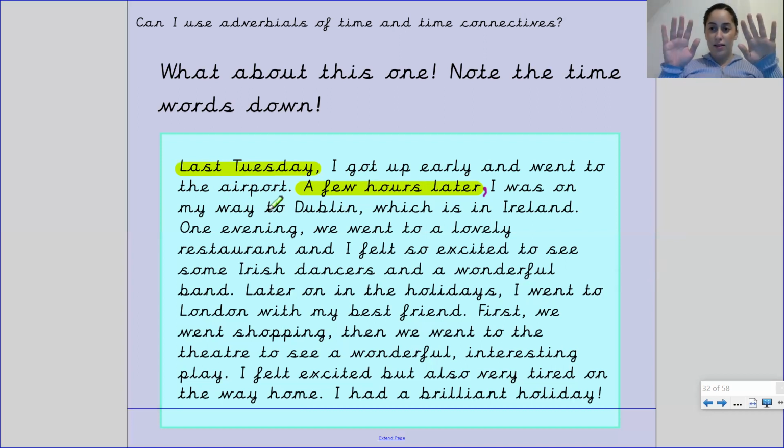One evening, well done, we went to a lovely restaurant and I felt so excited to see some Irish dancers and a wonderful band. Later on in the holidays, well done for showing me your sparkles. Later on in the holidays tells me when, I went to London with my best friend.